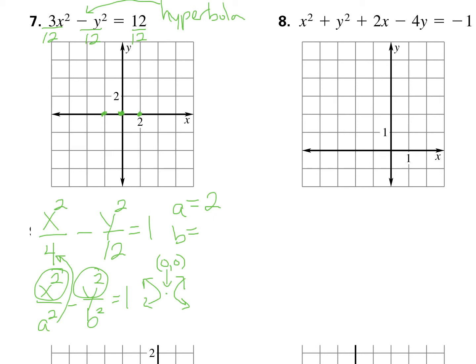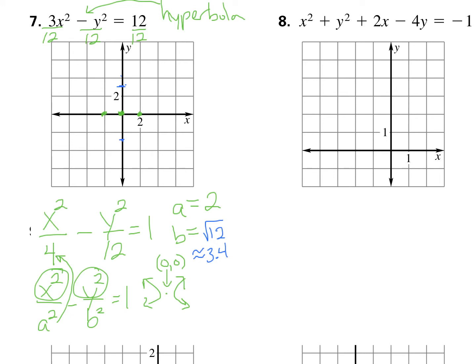Those are the vertices. And I'm going to change color here for the rest of the box because now b is equal to the square root of 12, which is approximately 3.4, 3.5, somewhere in there. So we'll say approximately 3.4. That's close enough. So 3.4 would be 2 units, 4 units, so a little less than halfway in between up, and a little less than halfway between down.